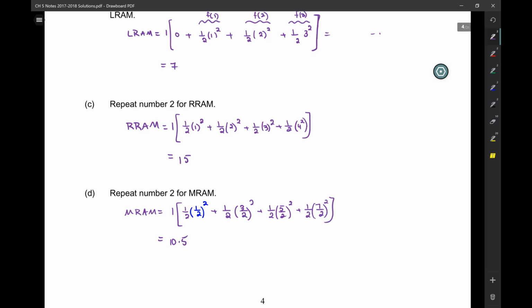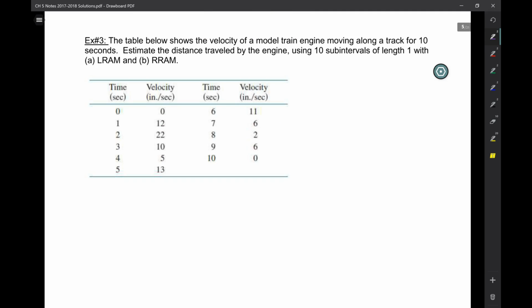All right? Oh, is that what we're talking about? Yes. It shows the velocity of a model train engine moving along a track for 10 seconds. Estimate the distance traveled by the engine using 10 subintervals of length 1 with LRAM and RRAM.